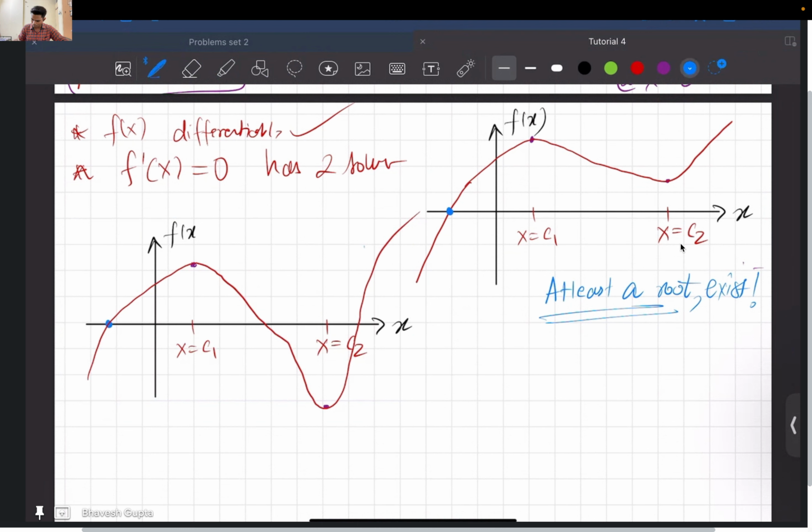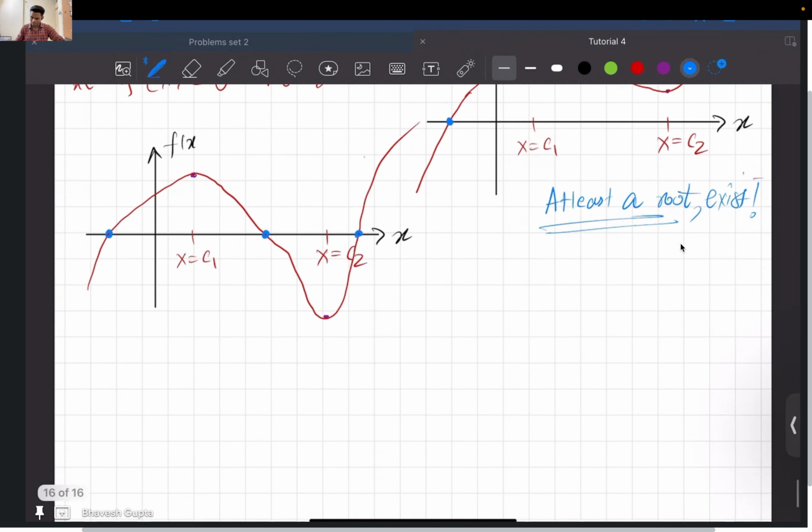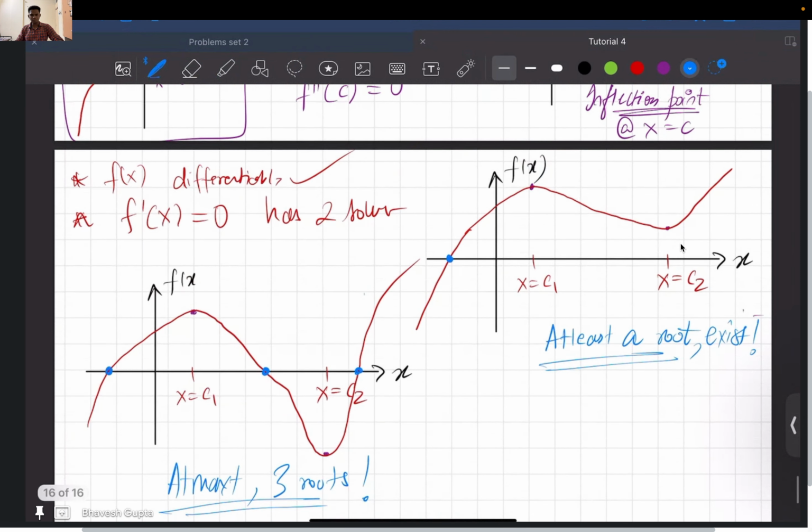So what you can see here, I have one root, another root, another root. So in total I have at max three roots.